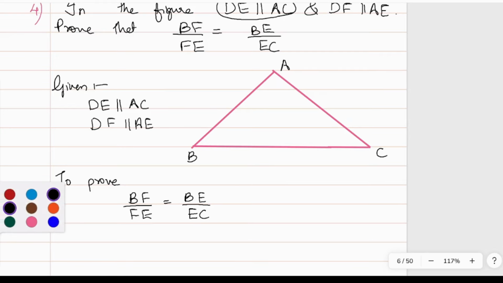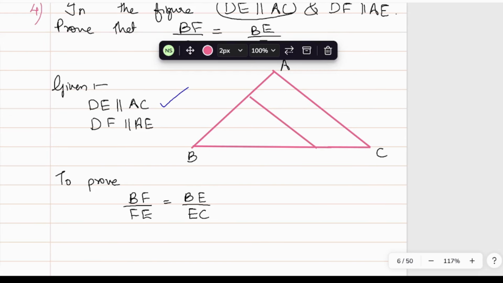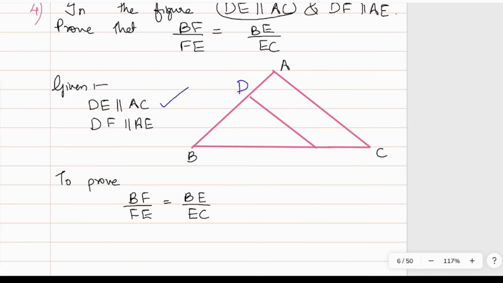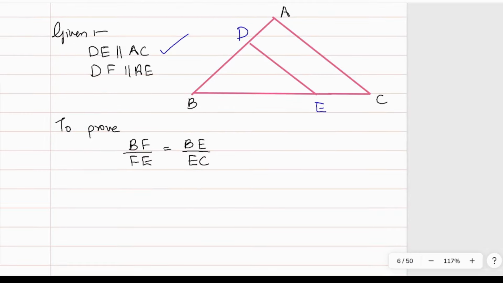So let me first take this one, DE parallel to AC. So to this AC there is a line called DE which is parallel, right? So this is that line DE. Okay, from that let me first write, using BPT, what all things I can write from this part. Okay, so let me write proof.